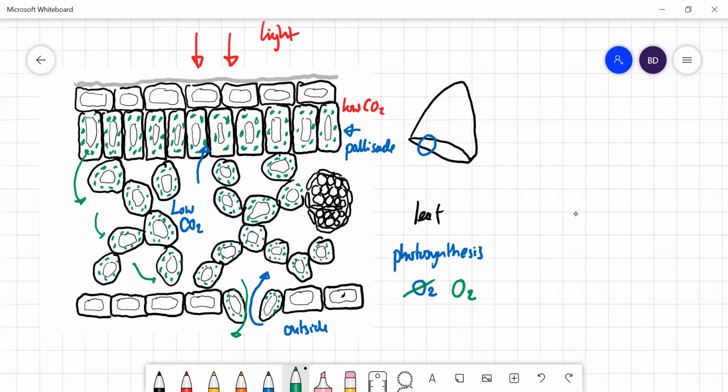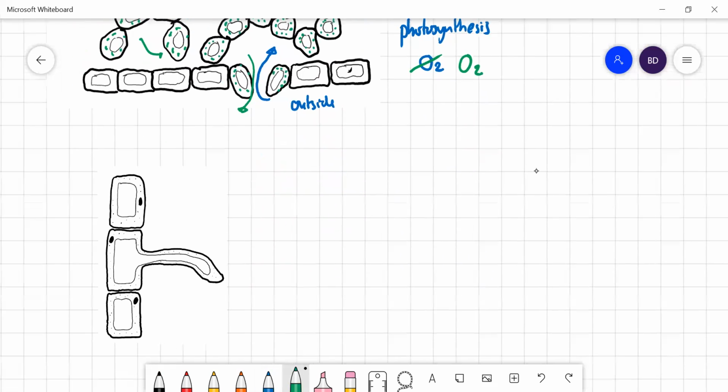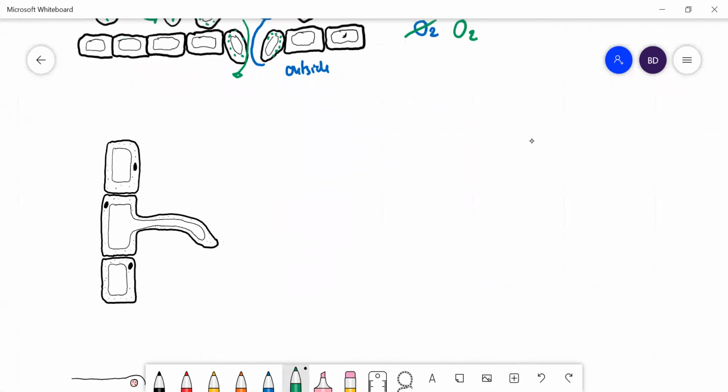Okay, let's look at another example of diffusion in plants then. What we've got here, you probably recognize it, is a root hair cell. And again, it's got this long protrusion to increase the surface area of the cell. Now this is inside the plant here, and on the other side, this is the soil.